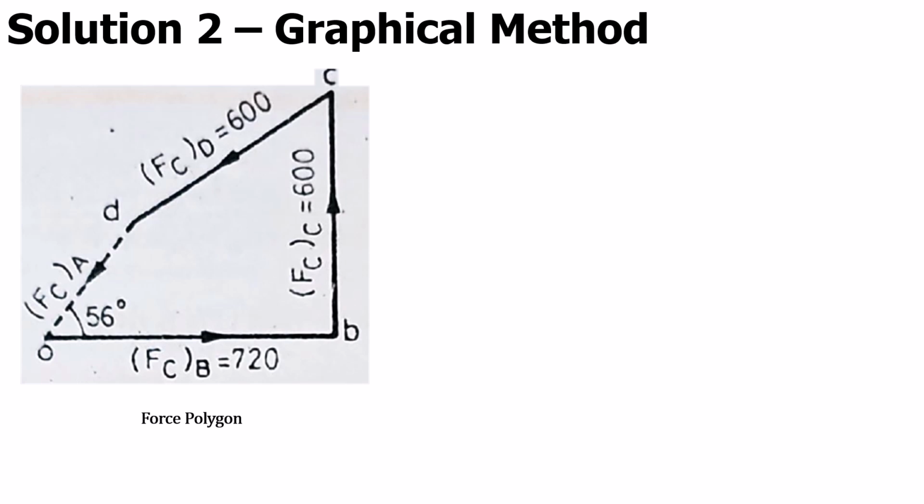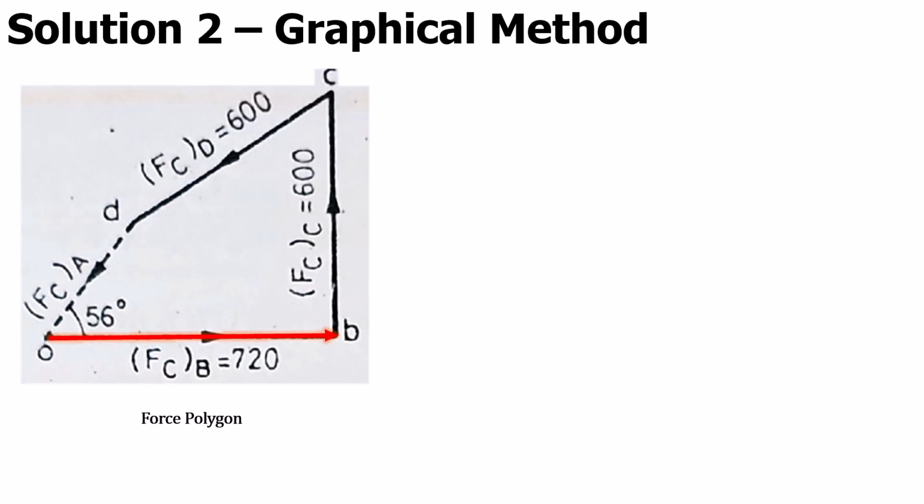Now we are going to use the graphical method to solve the value of the unknown mass A. And we will have to sketch the force polygon, and I'll explain how we do that. We pick a point O, and using a suitable scale from column 4, where we have the force terms, we sketch 720, which is the contribution of mass B, in the horizontal position in the manner that is shown.